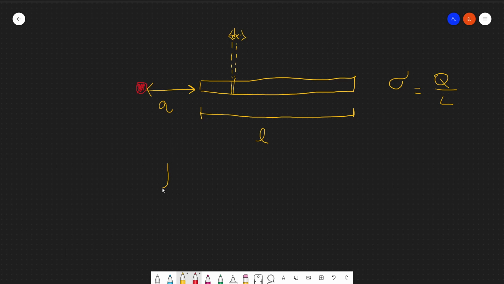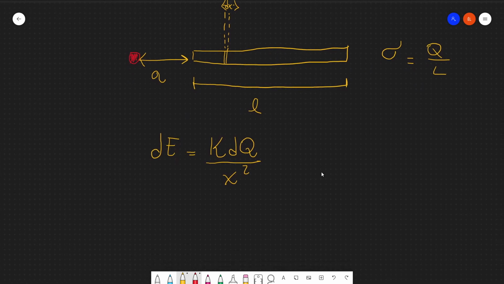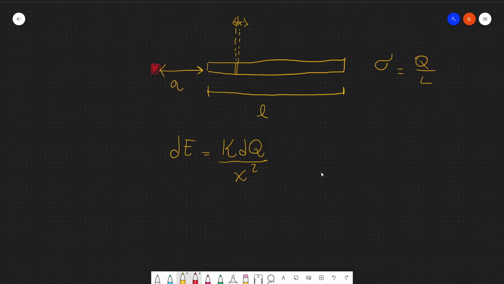So we can say that the infinitesimal electric field dE equals Coulomb's constant times dq over x squared, x being the distance from this tiny part of the bar to the ball. Doesn't really matter. And well, you gotta integrate that.